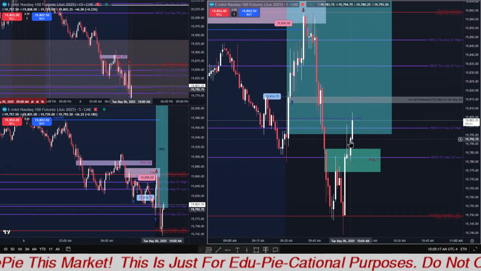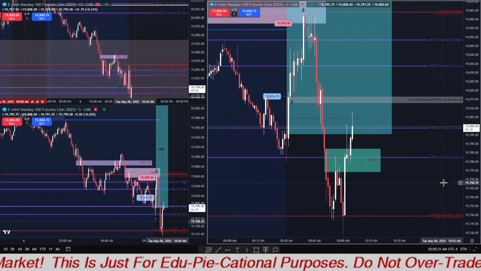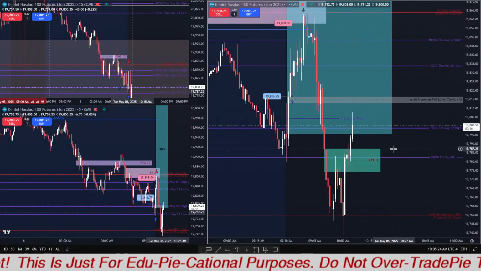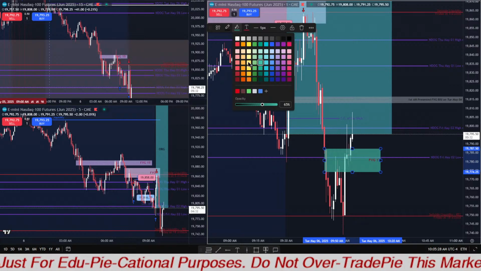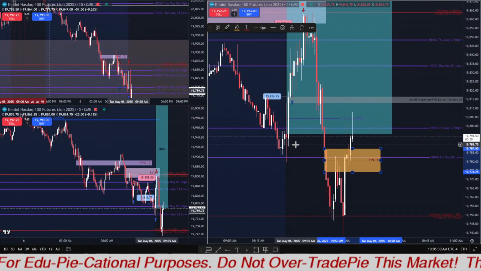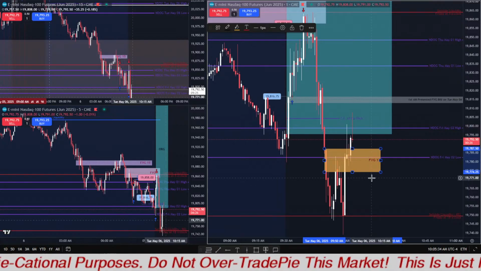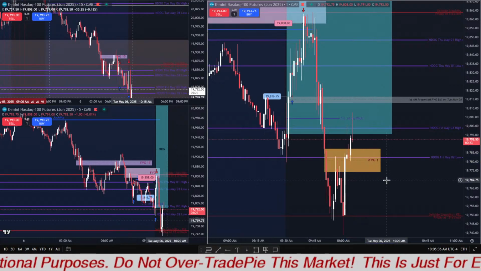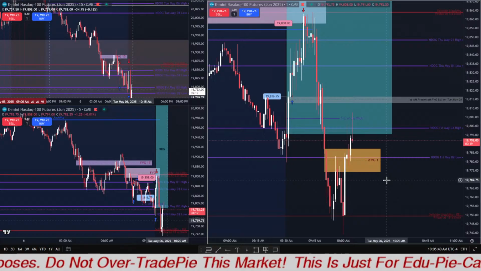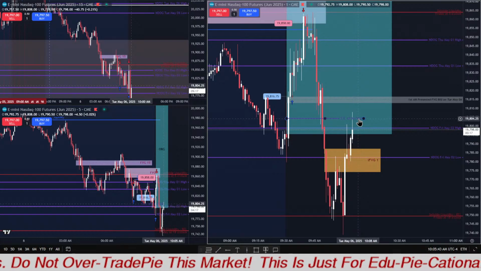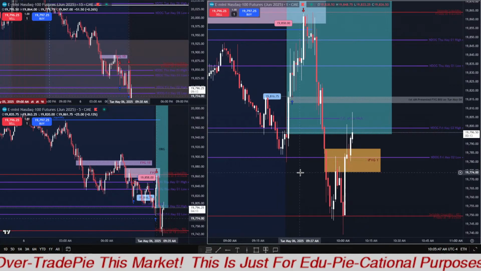Now we closed above this fair value gap over here, and as I said, I'm expecting to see a run over here to this fair value gap and use this as an inversion. So far we traded into the consequent encroachment of this week at 9:30.